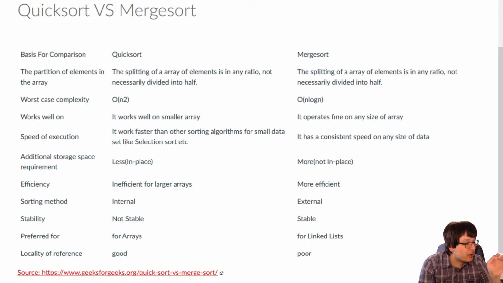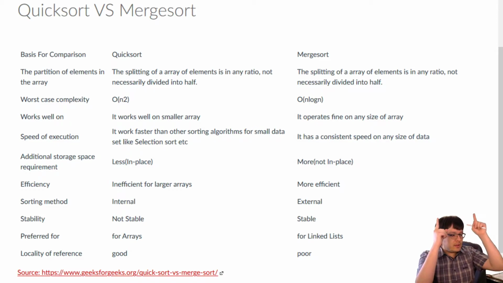But for now, what they're talking about here with the locality of reference in terms of the sorting algorithms is that an algorithm like Quicksort has a high locality of reference, whereas Mergesort, they're saying it has a poor locality of reference. What that is saying is that when you're working with a partition in Quicksort, you start out with two indices, the high and the low, and they start at both ends and they work their way in, right?